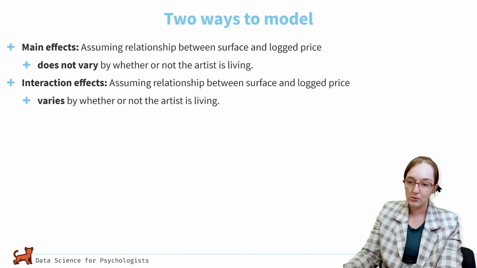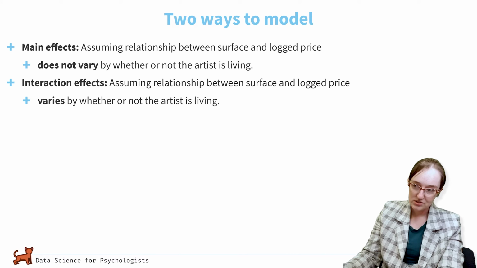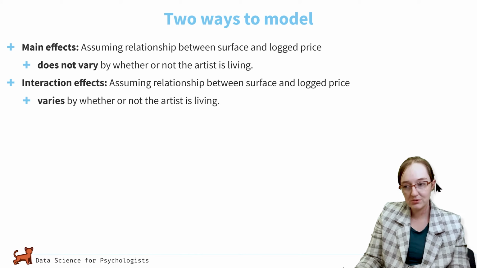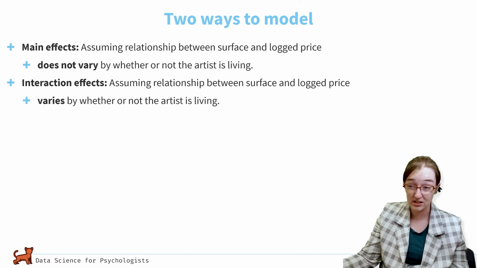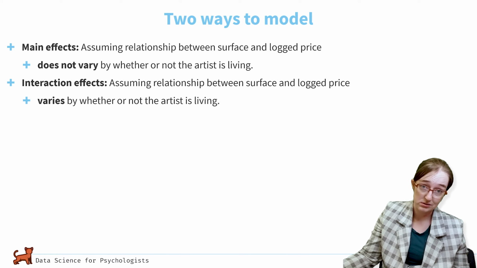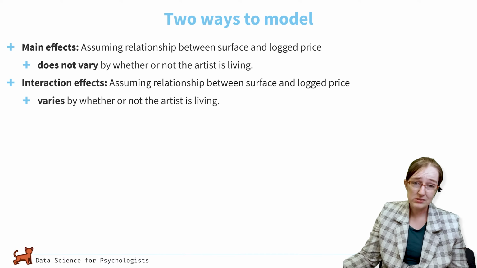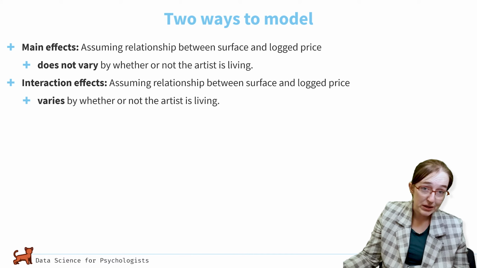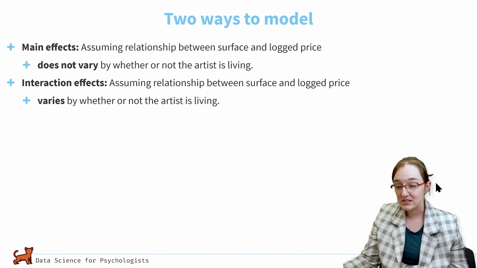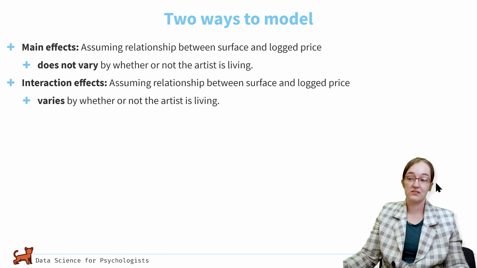All right, so we have 2 ways to model this stuff. We can assume that the relationships between surface and log price don't differ by whether or not the artist is alive. We can also assume that the relationship, if we're only looking at interaction effects, varies by whether or not an artist is living, that they're fully conditional.